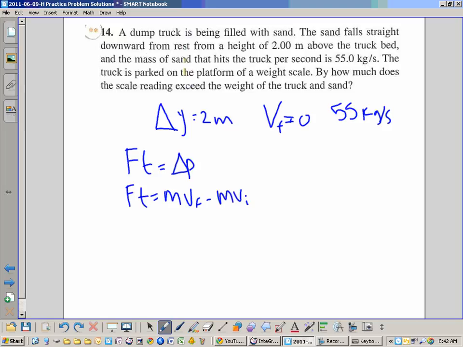And with the mv final, one of them is 0. I can't remember. You tell me. So we have Ft equals negative mv initial. So the force is equal to negative mv initial over time.